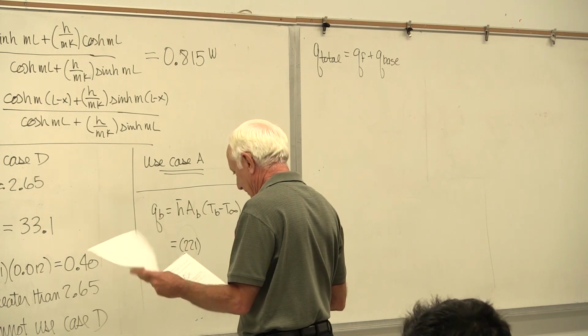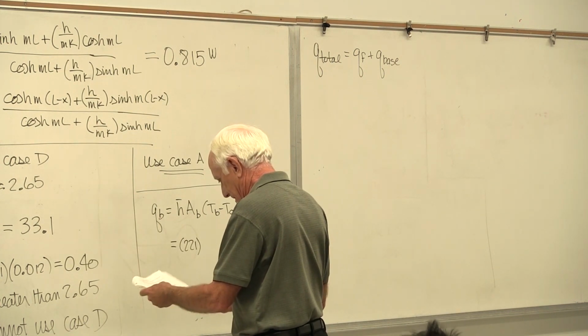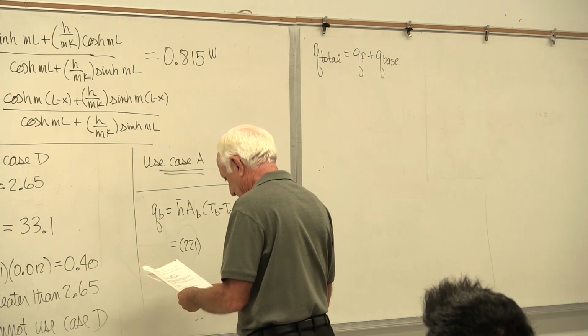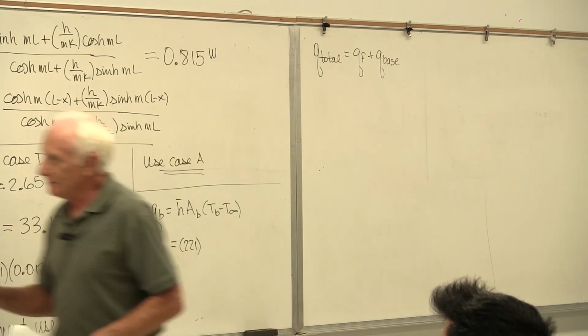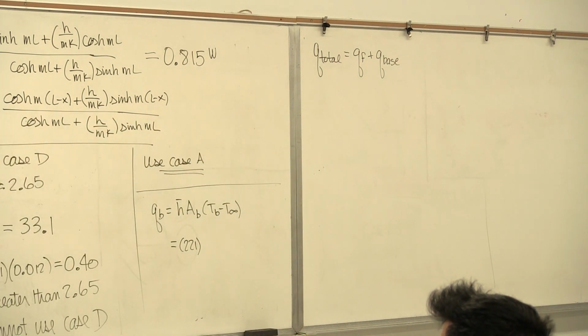times our base area. Now we have to get the base area right. The base area, I'll kind of shade it here. Here's the base area. There. The area that touches the air.